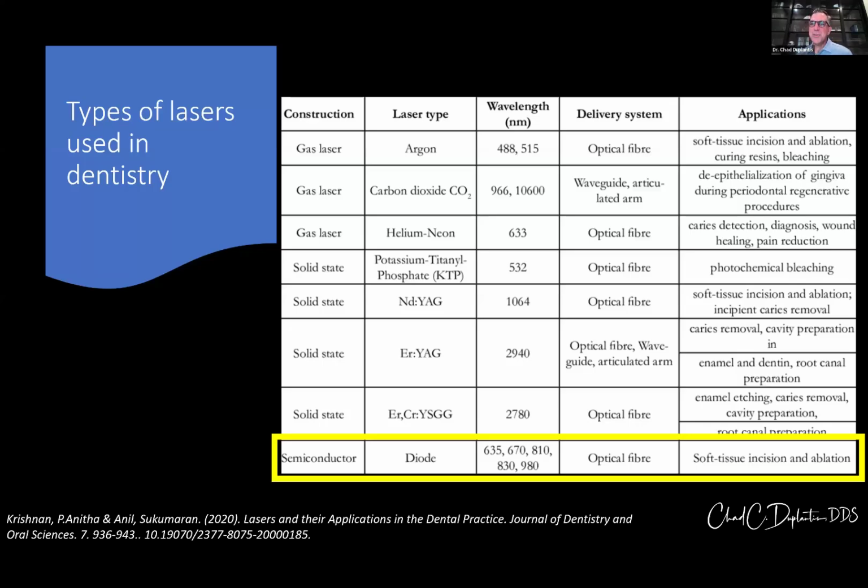And diode lasers are all for soft tissue interaction, and we'll see why in just a minute. The diode laser that we're going to talk about operates in the 800 nanometer wavelength range, but they range once again from about 810 to 980, and you can see some for less and some in between as well.